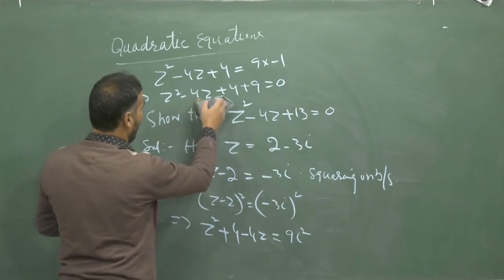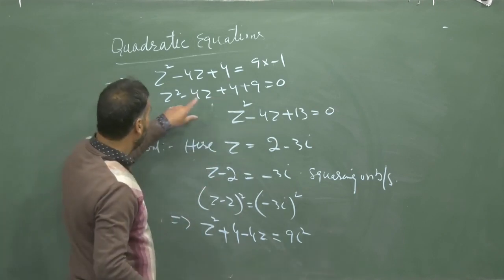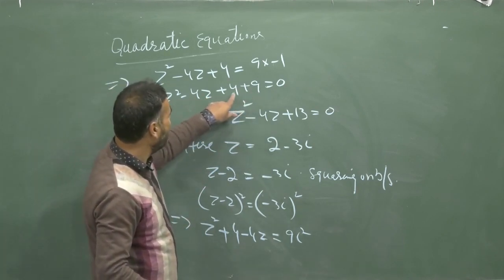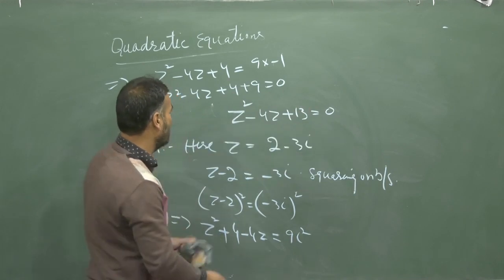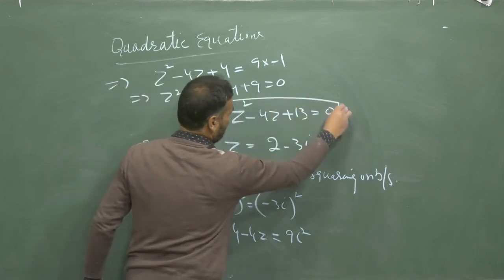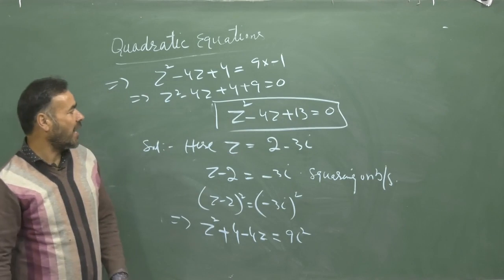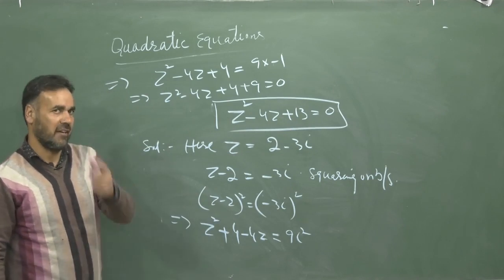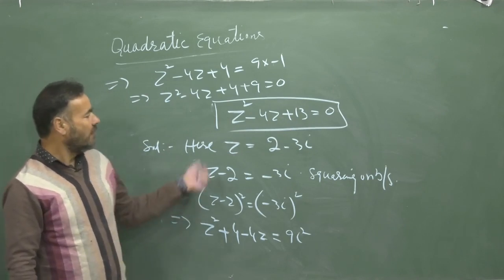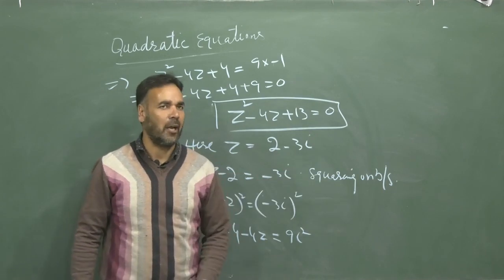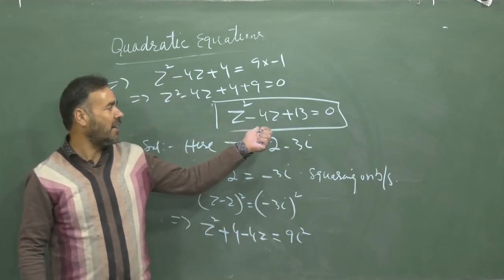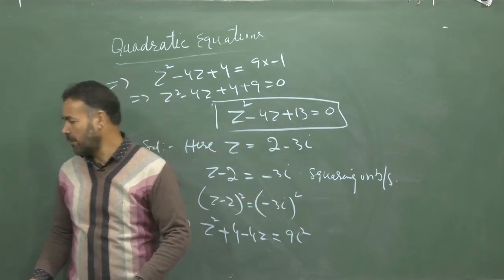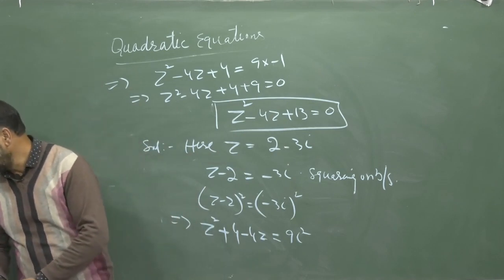That indicates that it is z square minus 4z plus 13 is equal to 0, which is what we had to get. This means that when z is equal to 2 minus 3i, the value of z square minus 4z plus 13 is always equal to 0.